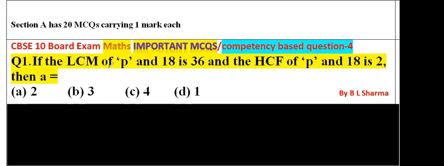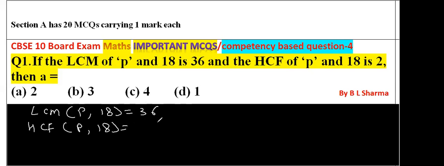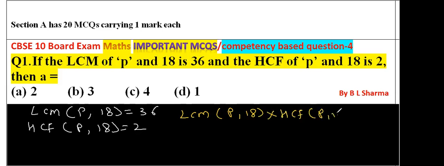If the LCM of the two numbers P and 18 is 36 and the HCF of the same numbers P and 18 is 2, we have to find out the value of P. We know that the LCM of the two numbers P and 18 into the HCF of the same numbers is equal to their product.